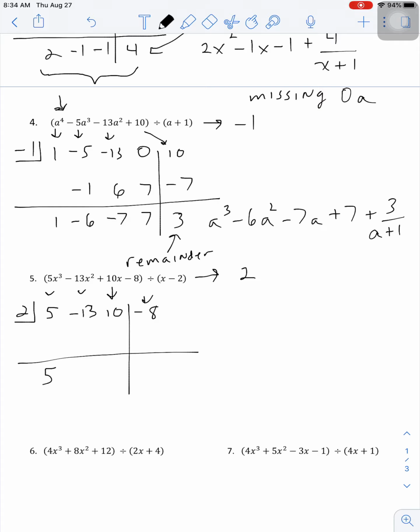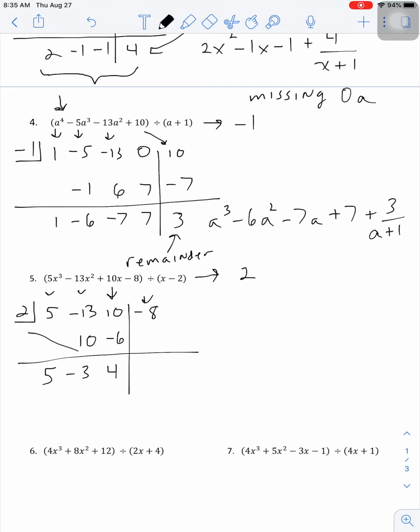We drop down the 5, so you do 2 times 5, which is going to give you 10. All right, -13 plus 10 is going to give you a -3. We do 2 times -3, which is -6. 10 minus 6 is going to give me 4.